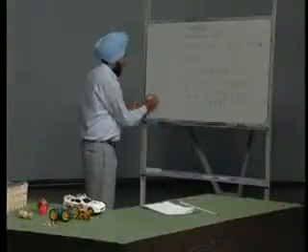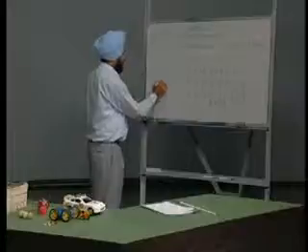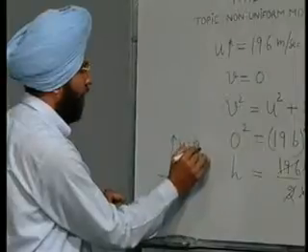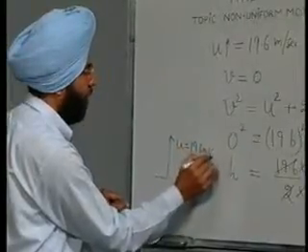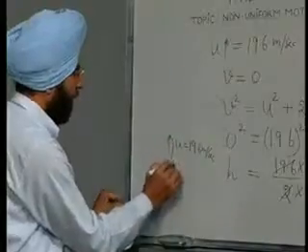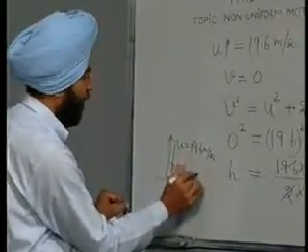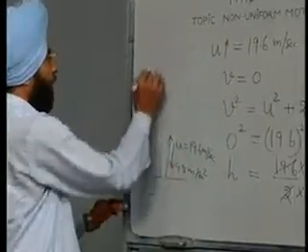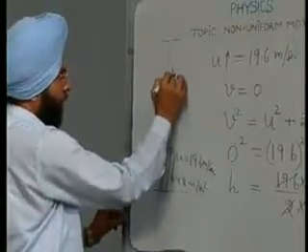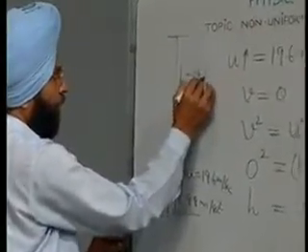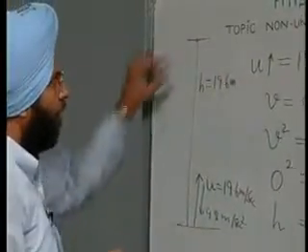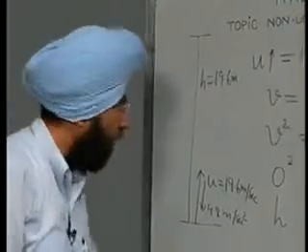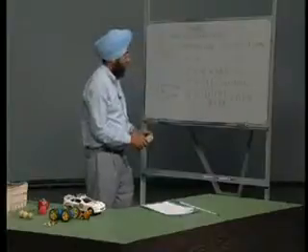If the body is thrown upwards with an initial velocity of 19.6 meter per second, and the acceleration is 9.8 meter per second square downwards, the body will reach a height h equal to 19.6 meter, where it will stop for a moment and start its downward journey. This was the third equation of motion.